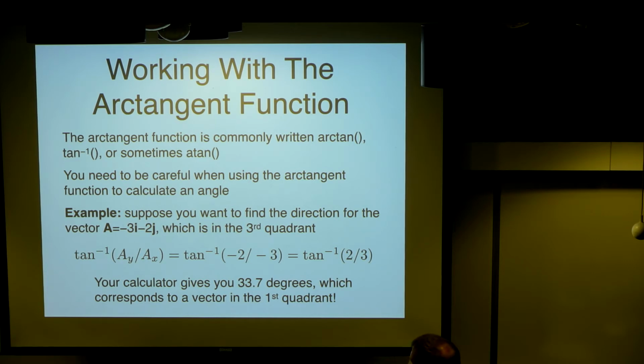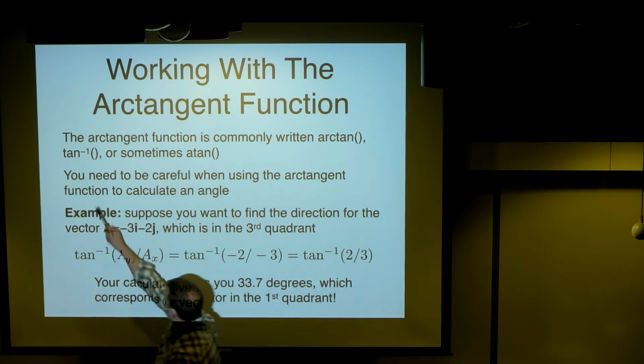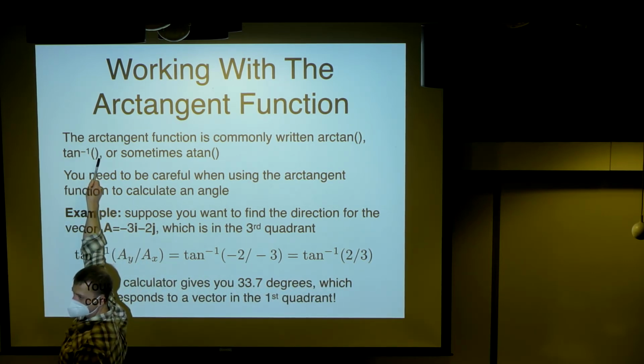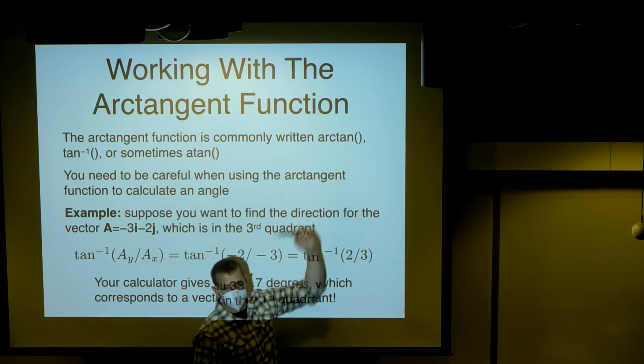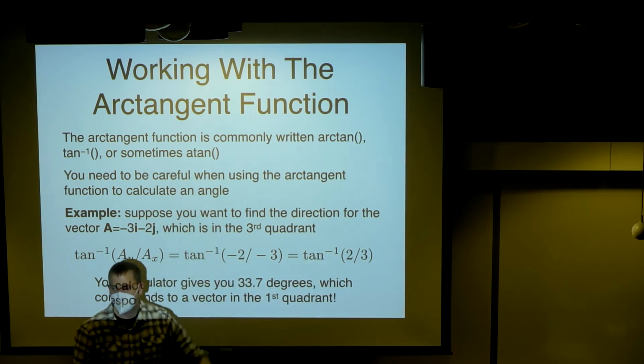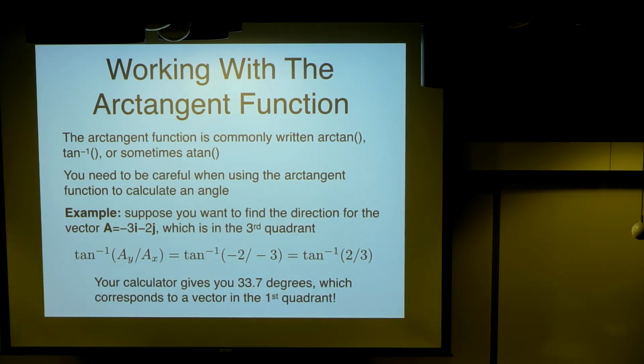You might see this written as tangent inverse, like this. That's typically how I'm going to write it, but sometimes it'll also be written arctan, or sometimes just atan. These all mean the same thing. It just means we want to undo the tangent function to solve for what's inside.